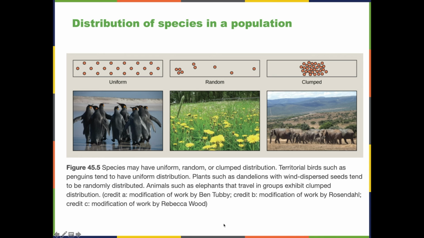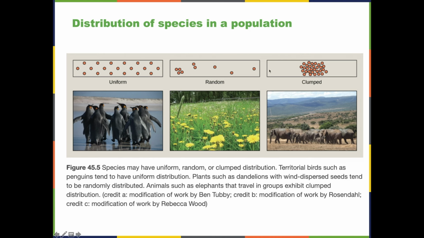They could be uniform, where there is a uniform distance between the members of the population, and penguins tend to do that. The distribution could be random, so there is no rhyme or reason with respect to the way members of the population distribute themselves, and then also clumped.